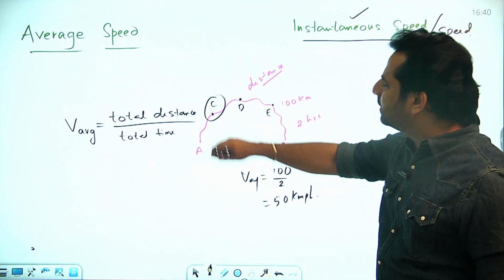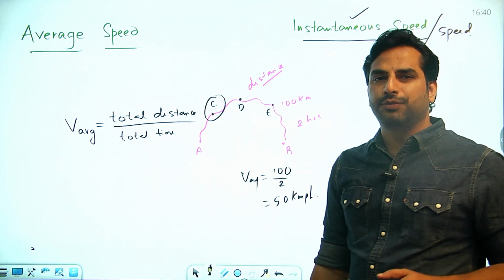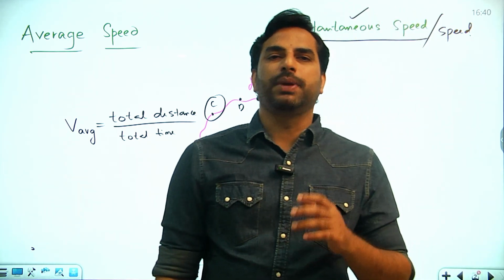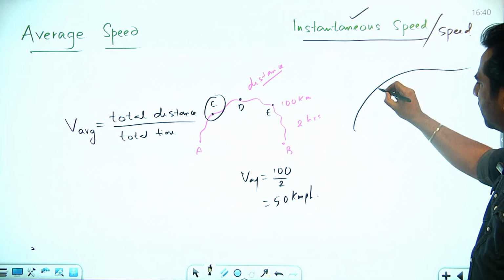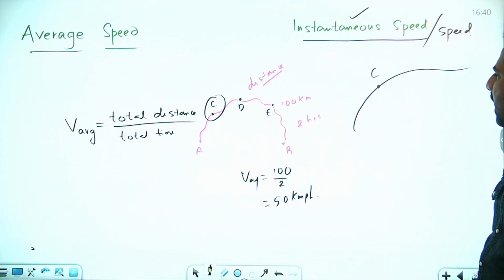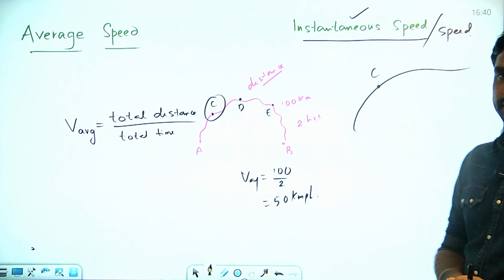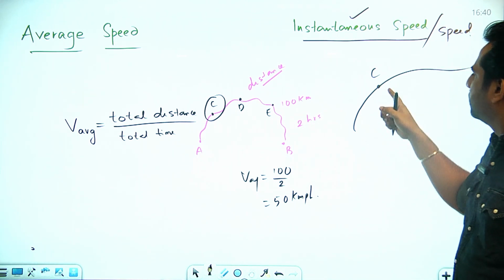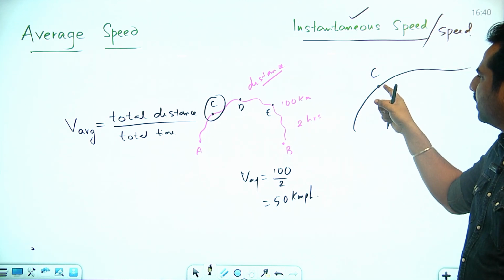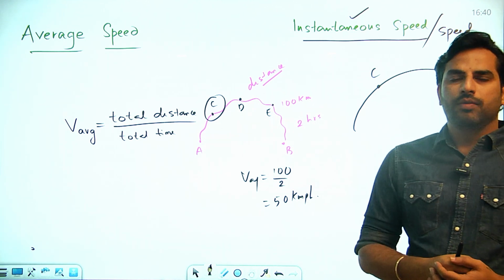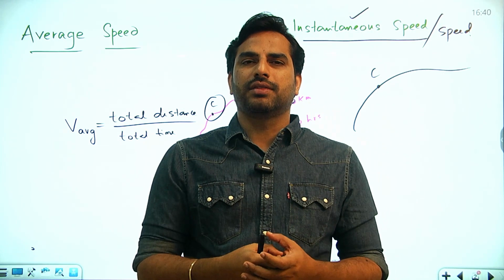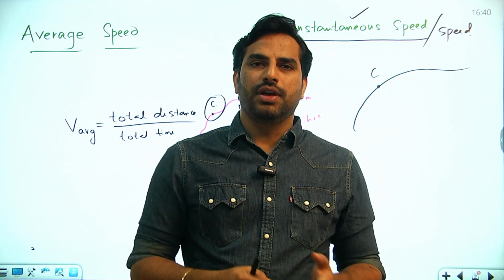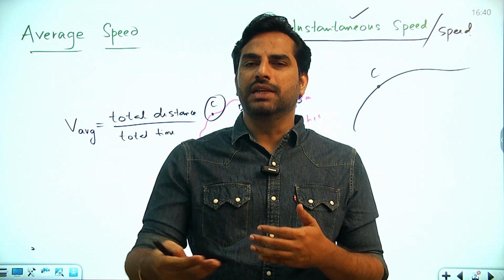Suppose at point C, I am interested to find out the instantaneous speed. So what I have to do is, say, I'm zooming that part. Let me say this is point C. It is like I have to take the snapshot of this motion at this particular point of time C, when it is at C. Now even when you take the snapshot, there is some little bit of time elapsed, a few microseconds or few milliseconds.